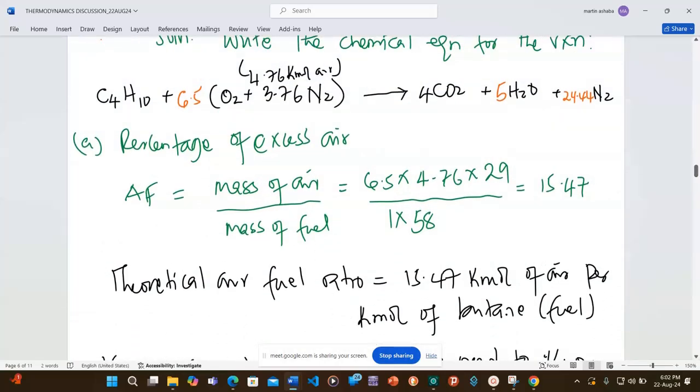So that would be telling you that in this reaction where they use the 20 as the air fuel ratio, you would have 1.2928 times this theoretical one.